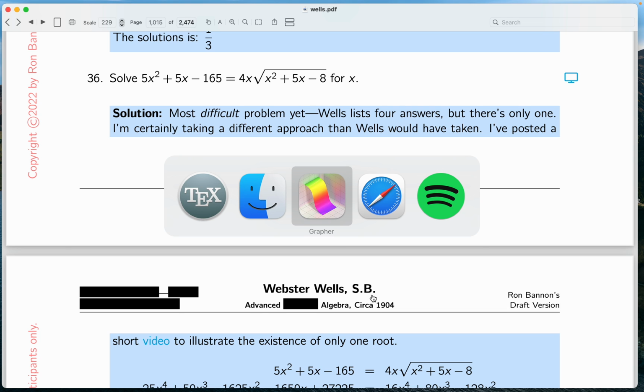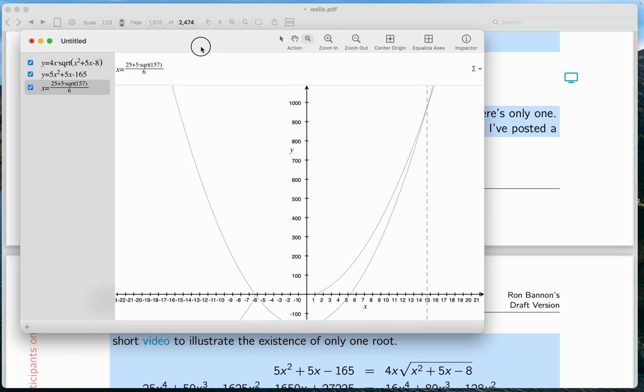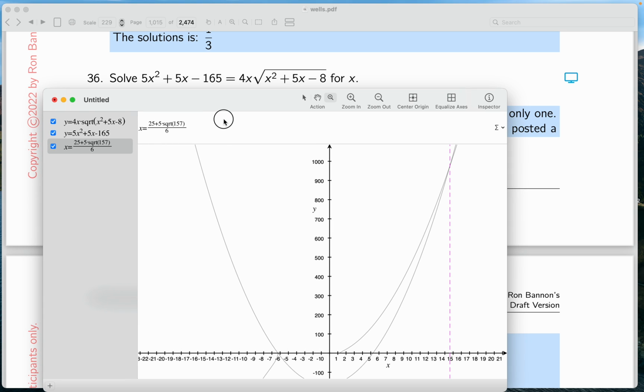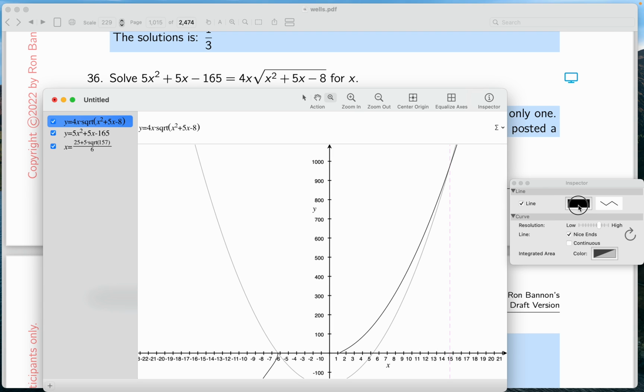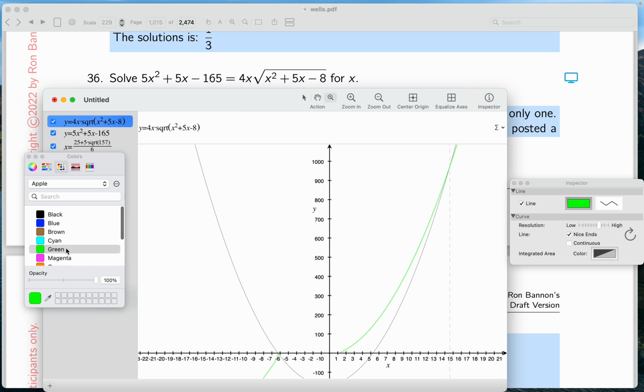Grapher is an application that allows me to graph two things here, or more than two things actually, as many things as I like. What I do is I graph the right-hand side. Maybe I should color that graph a little differently. Let me color it green.